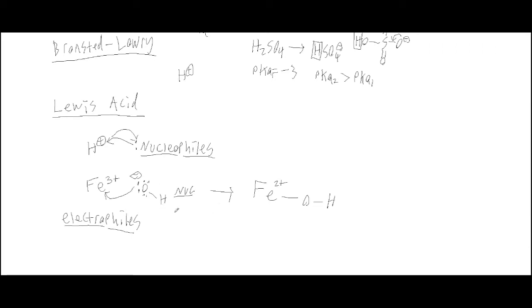So if we want to think about Lewis acids and we want to put that in terms of our Bronsted-Lowry acid, then we can think of it this way. So it's in water. It's not going to be as strong of a nucleophile as this, because this has that charge on it.